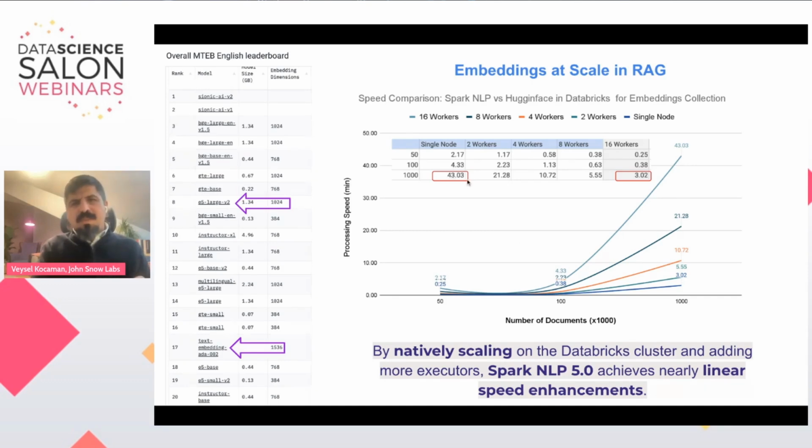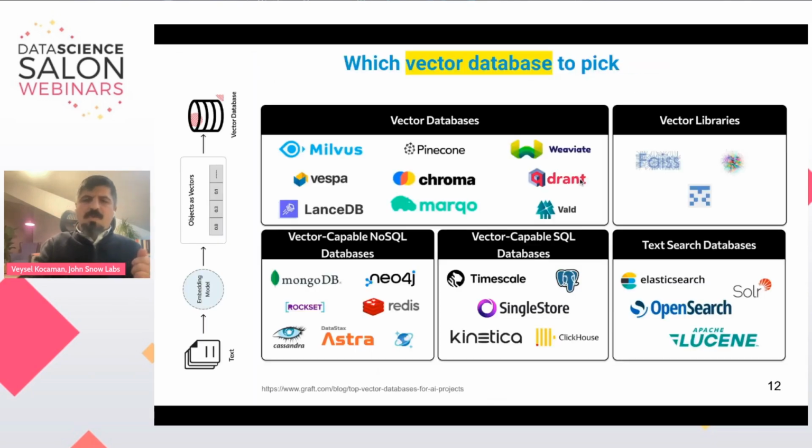So anyone using single machines will not be able to utilize this speedup. It is more than 10 times better if you are using a Spark cluster at Databricks, EMR, or Dataproc, all the Spark frameworks; you will get around 10 times better embeddings collection.